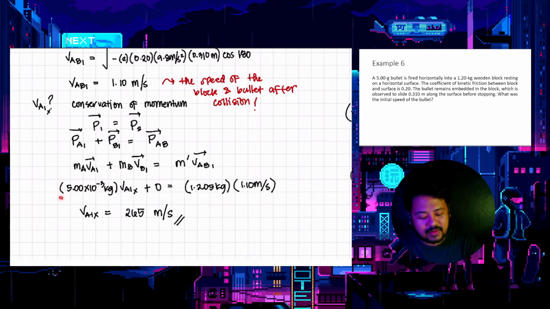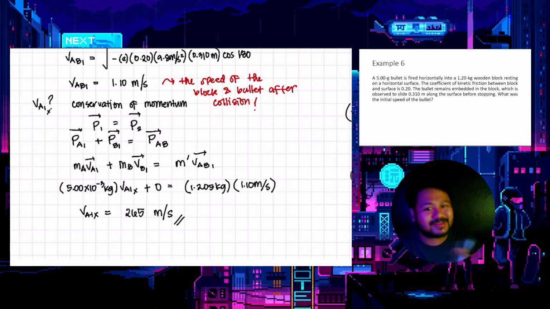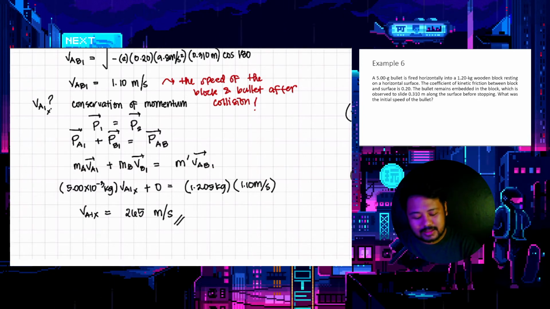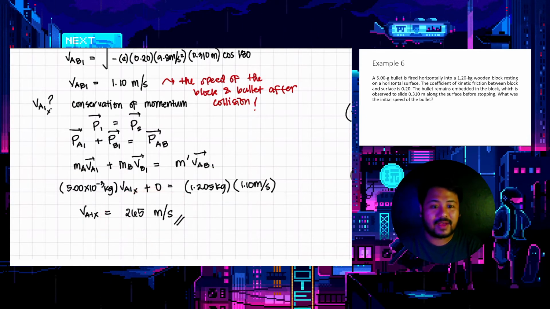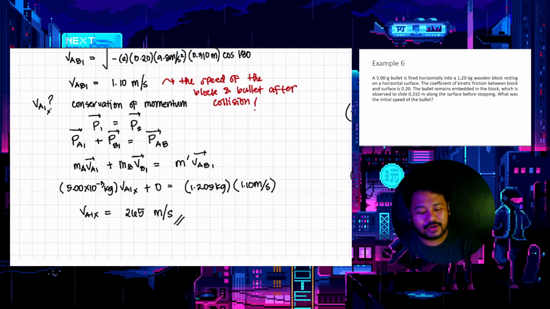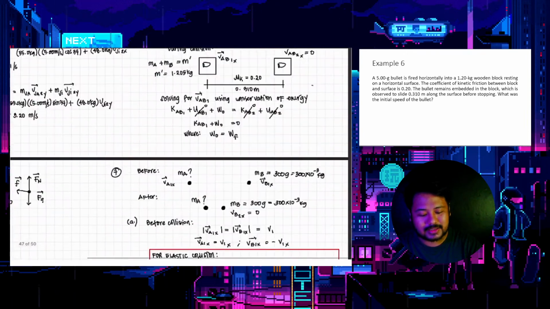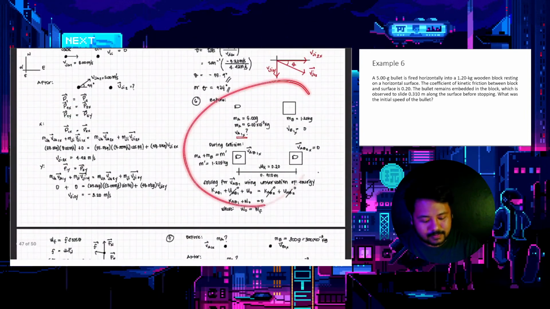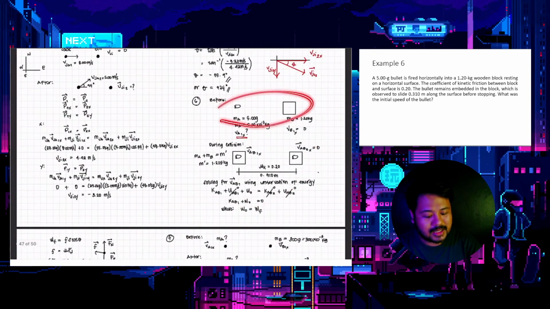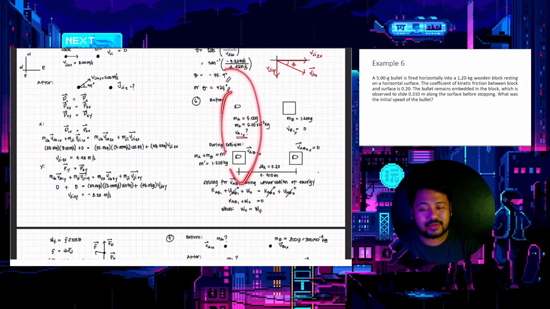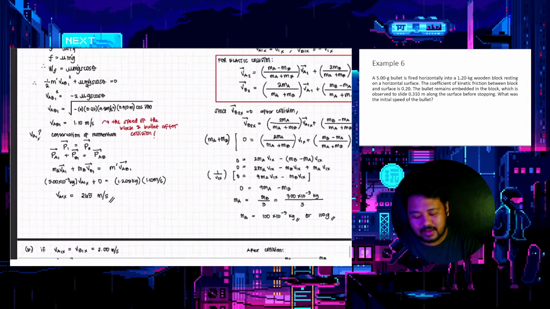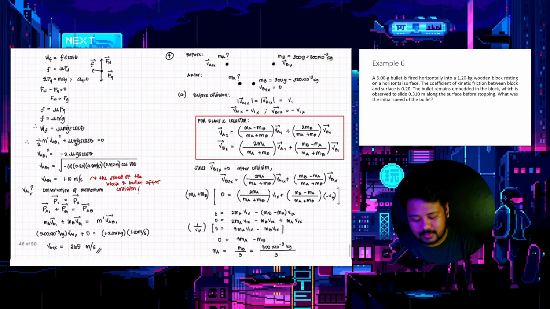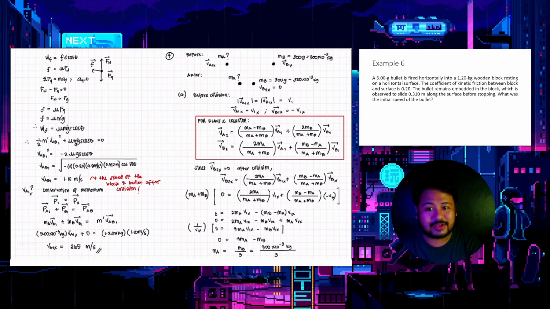So we only have this equation, giving us the initial speed of our bullet, that is 265 meters per second. So that's for example number 6. Coming from this one, we have to separate this analysis and then we move to that one. So we now have this answer, 265 meters per second.